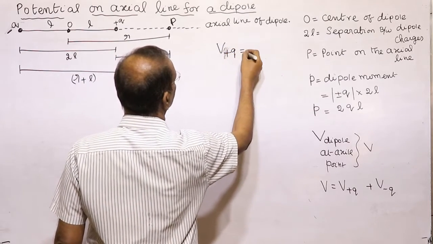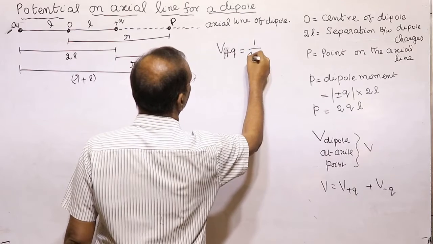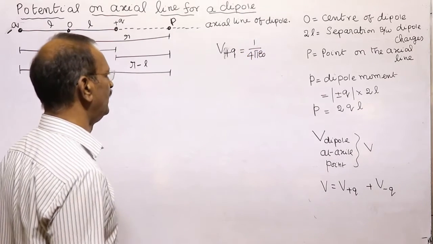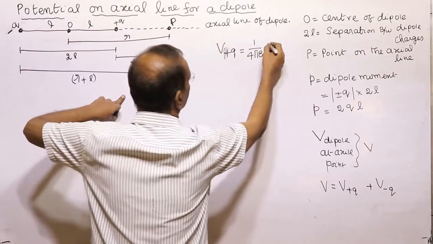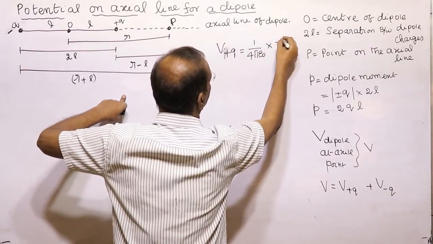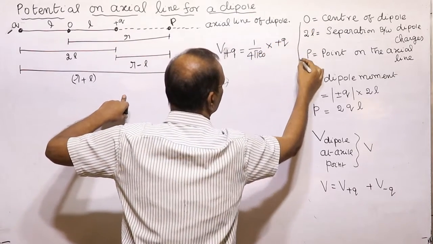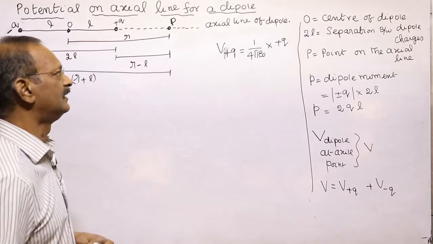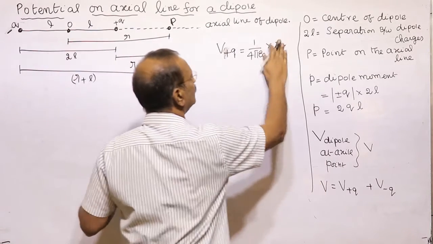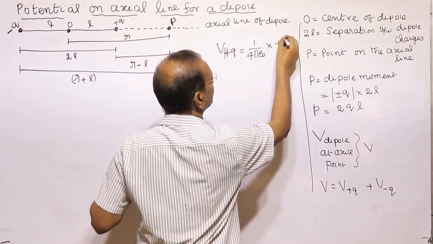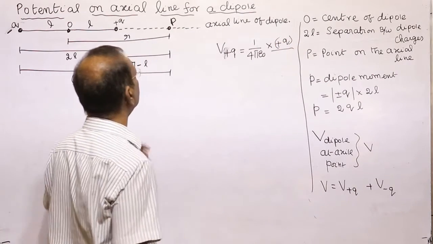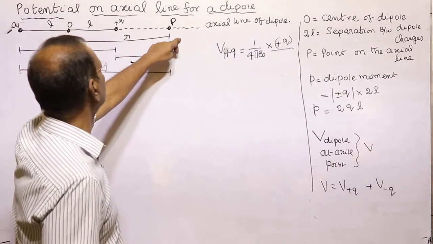So first let us calculate the potential due to the positive charge. That is 1 by 4 pi epsilon naught, and the charge is positive. Since potential is a scalar and does not have direction, we have to use the sign: plus Q divided by the distance. What is the distance of the positive charge with respect to point P?